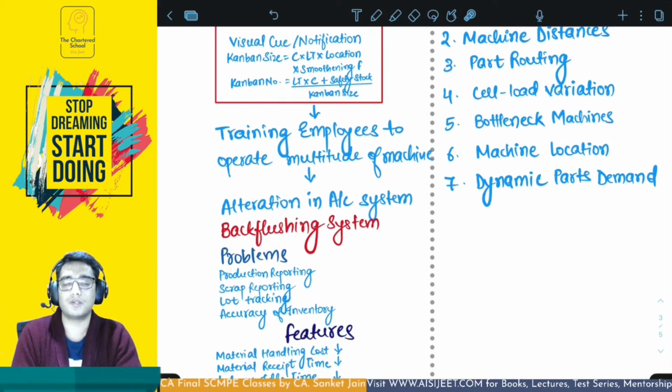Bill of material is based on the standard numbers, so you have to do the reconciliation for scrap or any other variation, so that you can get the perfect number, and accordingly the payment is made to the vendor on this basis.